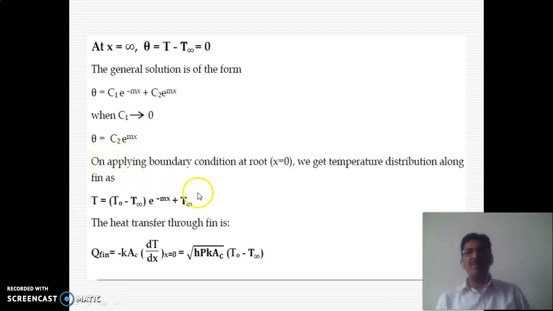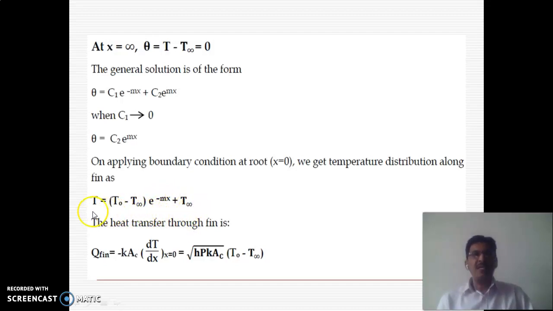Applying the boundary condition at the root, x is equal to 0, we get the temperature distribution along the fin, that is, T is equal to (T0 minus T infinity) e raised to minus mx plus T infinity.